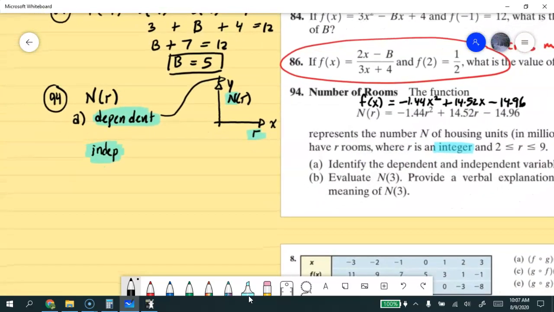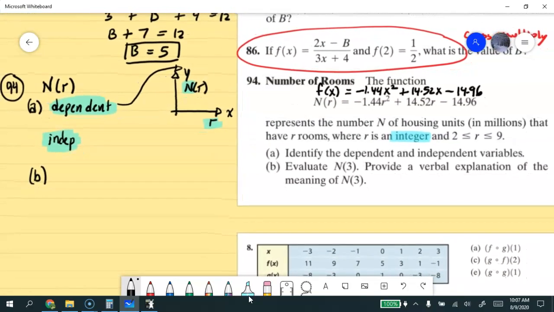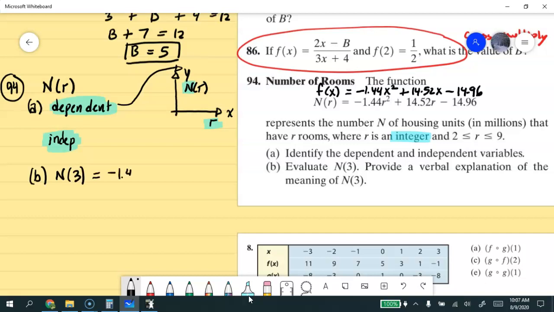So really quickly, as this lesson is starting to approach almost an hour now, let's do letter B here. Letter B says evaluate n of 3, and then provide a verbal explanation of the meaning of n of 3. So the n of 3 is equal to negative 1.44 times 3 squared plus 14.52 times 3 minus 14.96.